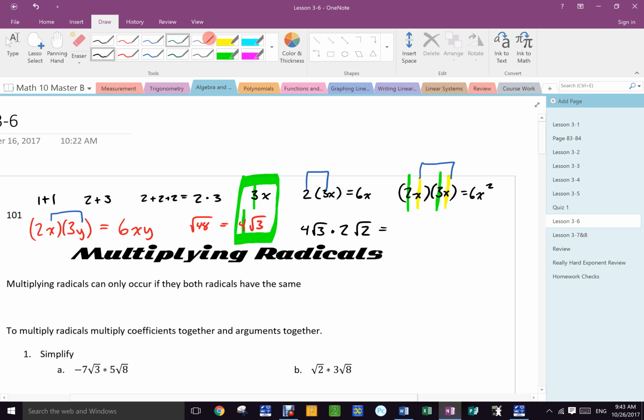What are you going to do with the coefficients? 8. And what did you do with the multiplicand? Not the multiplier. What did you do with the multiplicand here? You just multiplied it together, right? So what do you think we do here? Multiply it together. So this becomes the root of 2 times 3, which is 8 root 6.